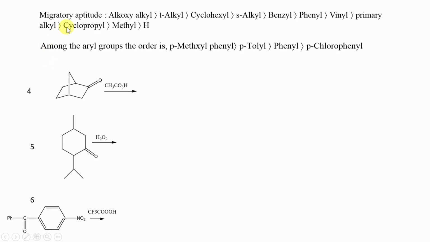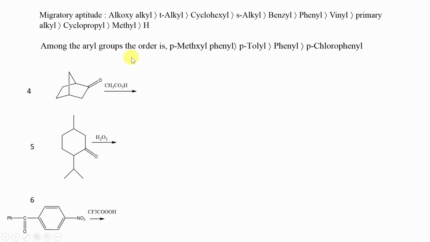Okay, you know the migratory aptitude of the alkyl or aryl group is like this. Alkoxyalkyl greater than tertiary alkyl, greater than cyclohexyl, greater than secondary alkyl, greater than benzyl group, greater than phenyl group, greater than vinyl group. It is in turn greater than primary alkyl group. Then comes cyclopropyl group, then methyl group, and hydrogen. Hydrogen has the least migratory aptitude.